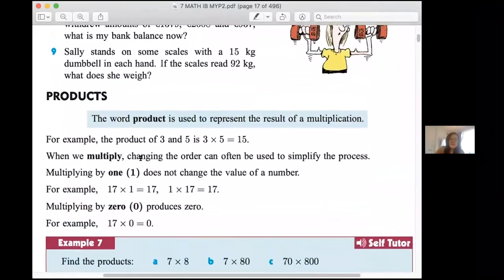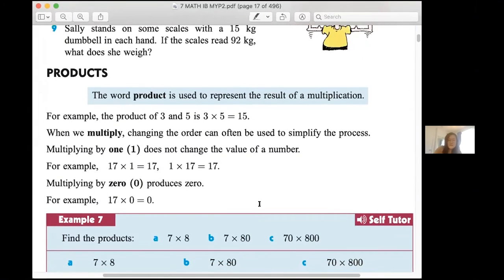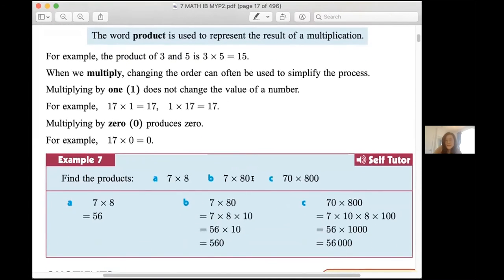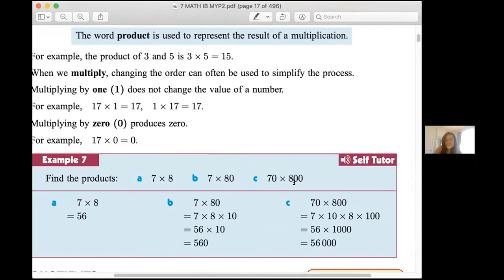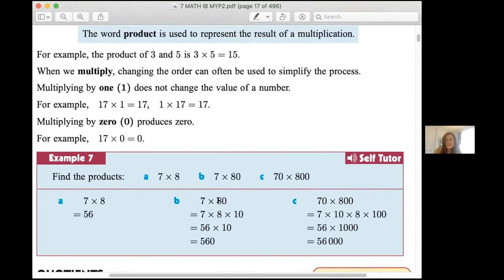And then now let's find out some products. Those are easy. 7 times 8, 56, and then 80 and 70 times 800, we just add zeros. The way to think about it is to factor 80 into 8 times 10.